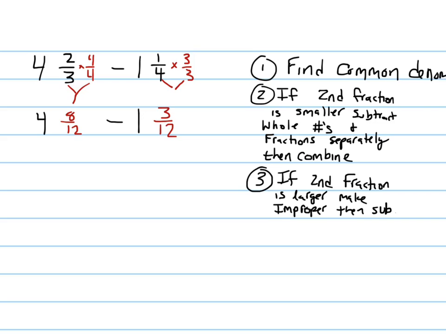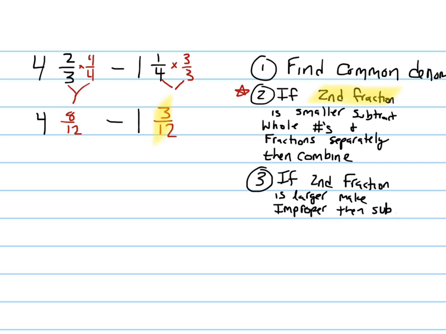If the second fraction is smaller than the first one, you could subtract the whole numbers and fractions separately and then combine, which in this case can be done. So I'm going to do this example now, and then I'll do the third one after.